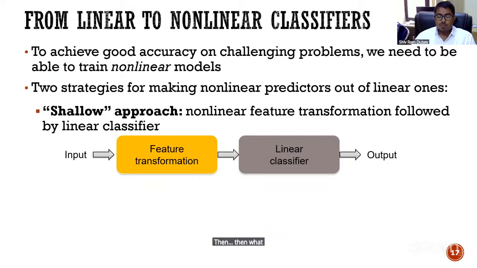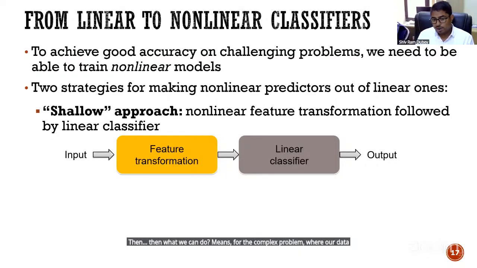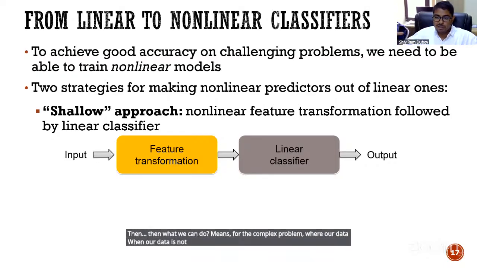Then what can we do for a complex problem where our data is not linearly separable, when the classes are very mixed with each other? In that case, there are two major approaches. One is called the shallow approach, where somehow we have to bring non-linearity into the system, because using a linear classifier that problem cannot be solved accurately.